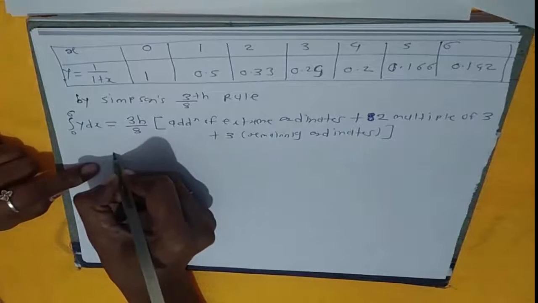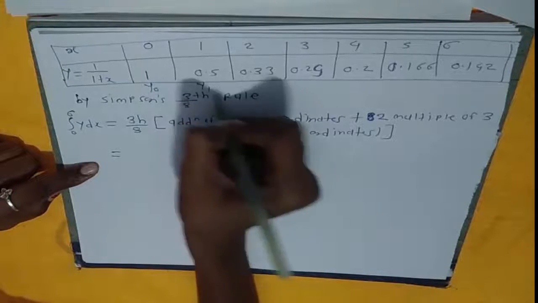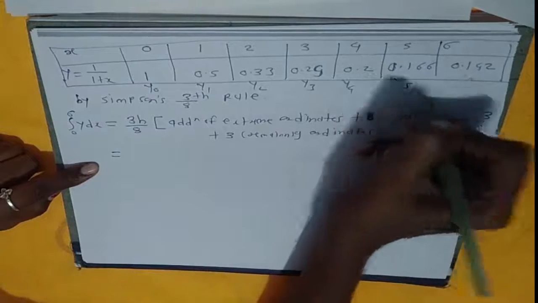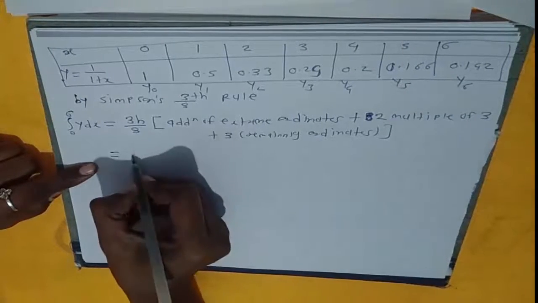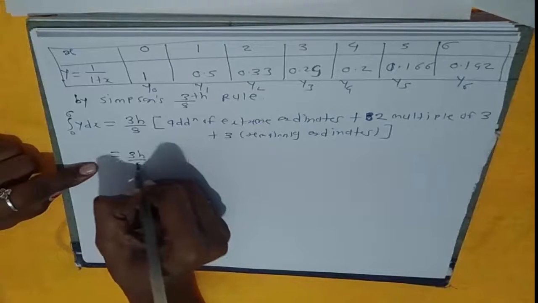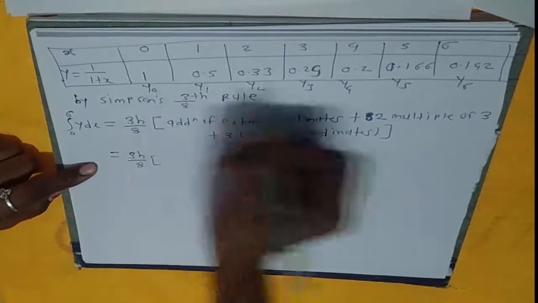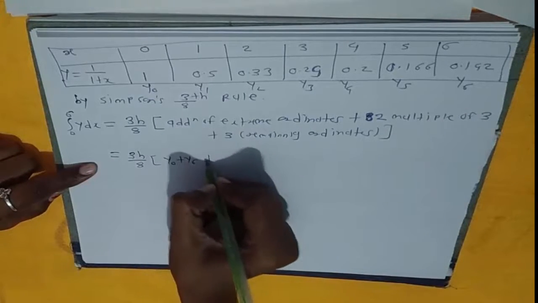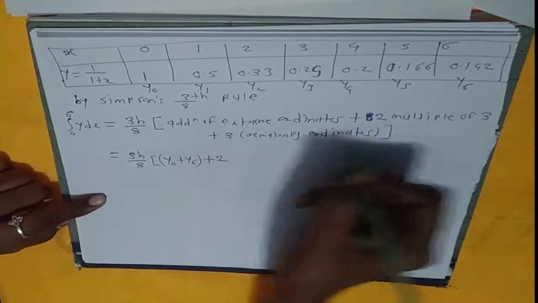Okay, so we write here the values. So y0, here we take this as y0, y1, y2, y3, y4, y5 and y6. Okay, so 3h divided by 8 in bracket, addition of extreme ordinates, that is y0 plus y6, plus 2 times the multiples of 3.